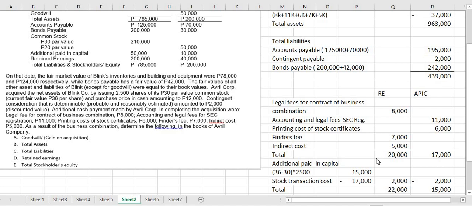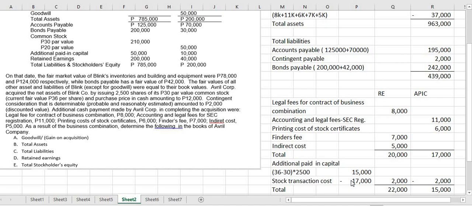But si additional paid in capital, di ba, i-absorb niya yung all stock transaction cost amounting to 17,000. Pero, yung excess lang kasi ng par, kasi di ba may 36 tayo na fair value, then 30 na par, then we issued 25 shares. So, yung excess lang is 15. Then, 17 yung related to APIC na cost. So, hindi na-absorb ni APIC yung buong stock transaction cost.